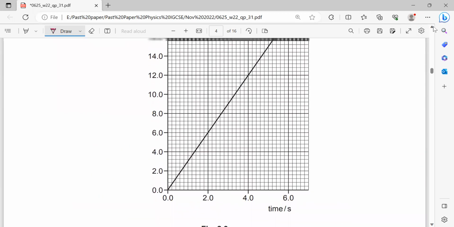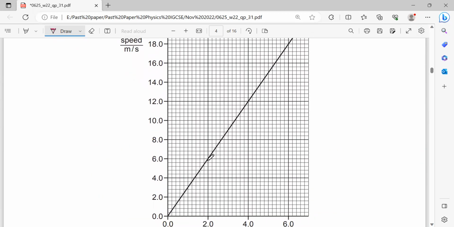Okay, so if you look, this is 2 seconds, that's 6 seconds. I'm going to calculate this trapezium area. Okay, the area of this trapezium, or distance.